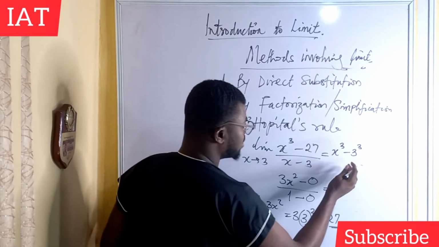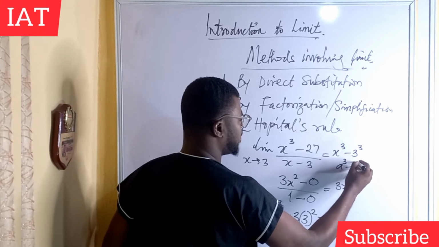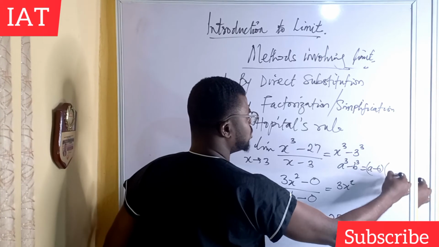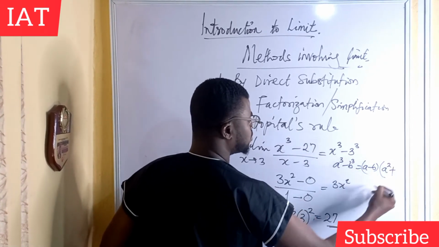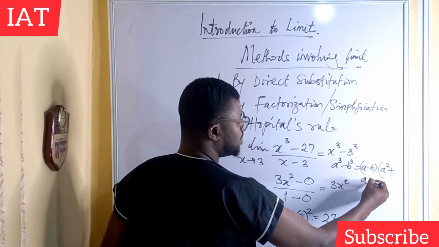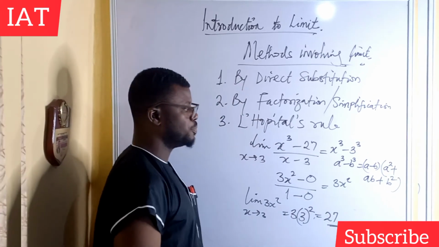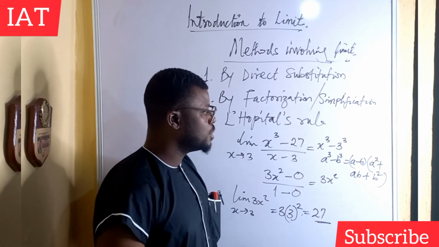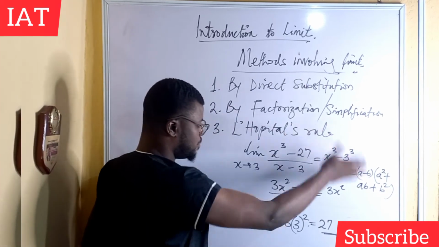And when you see that, the process is: if I have a to the power of 3 minus b to the power of 3, it is the same as saying (a minus b) times (a squared plus ab plus b squared). So this is the expansion process. By the time you use the formation of x and 3 in this process, you arrive at a nice answer. All right, so that is that.